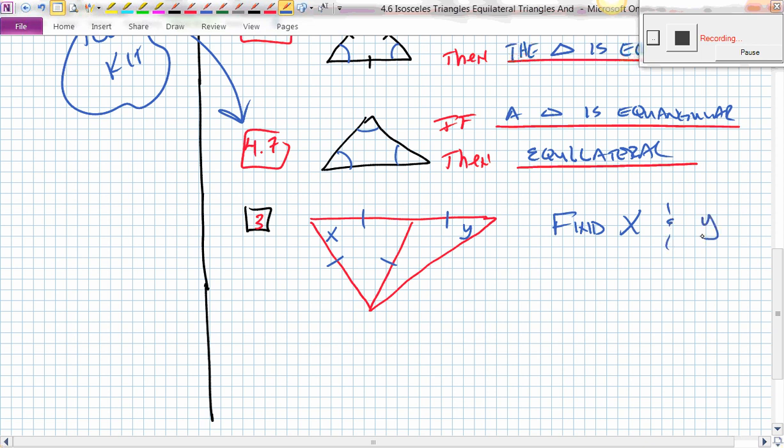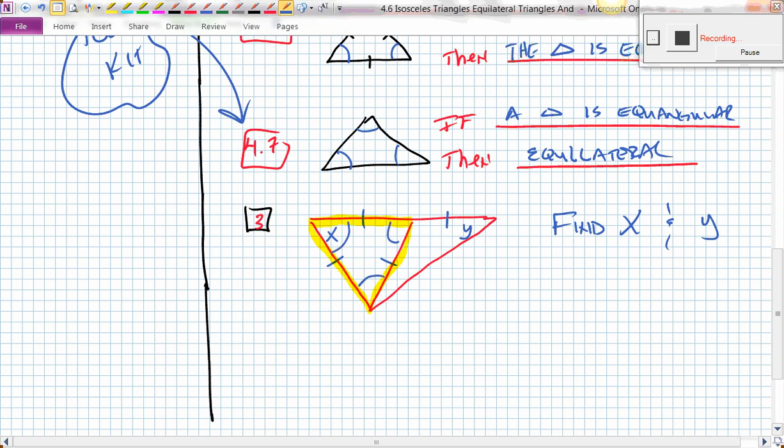Okay, our goal is to find x and y. Let's start with this triangle here that I've highlighted in yellow for you. What type of triangle is that? It's an equiangular triangle. Equilateral triangle. If it's equilateral, then it has to be what? Equiangular. So that means all of these have to be the same.